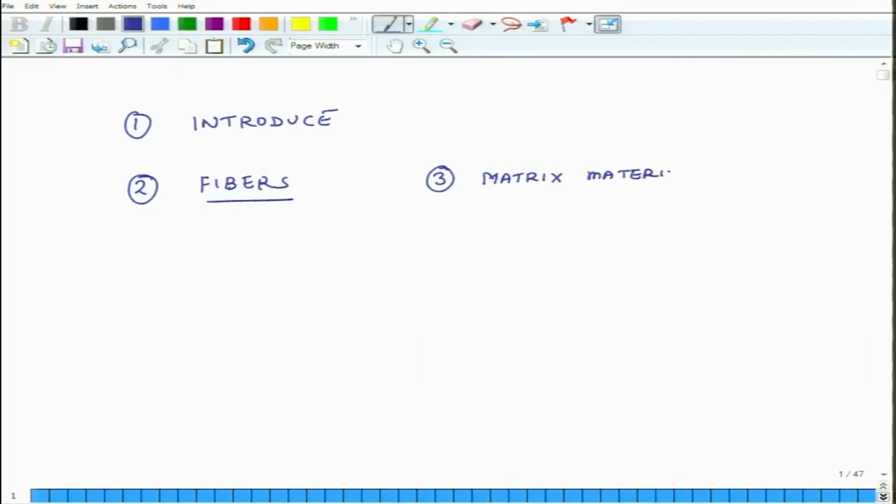Now, engineering composites are not only mixtures of fibers and matrices, but there are some other additives also in the system. So, we will also discuss other additives which are used during fabrication or manufacturing of composite materials. Then we will discuss how composites are made.